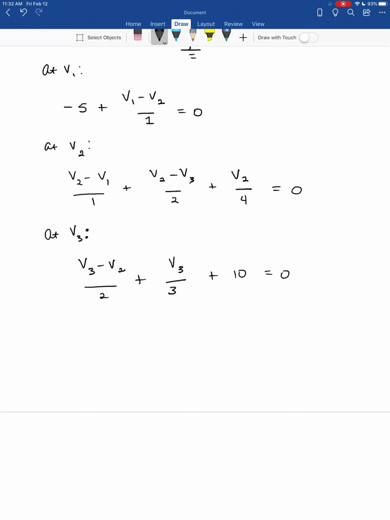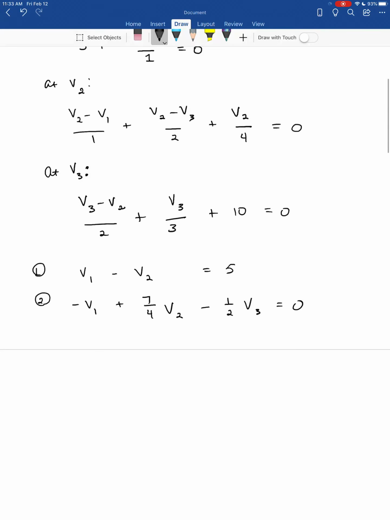Alright, so we'll simplify the equations and collect like terms. For equation 1, I get V1 minus V2 is 5. For equation 2, I get minus V1 plus 3 halves plus 1/4. So what would that be? If I found a common denominator of 4, that would be 4 plus 2 plus 1. So 7 over 4 V2, and then minus 1/2 V3 equals 0.